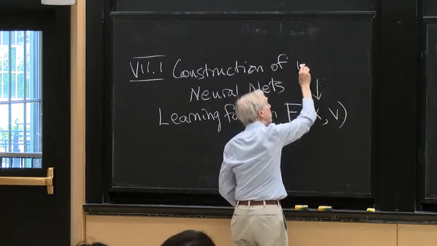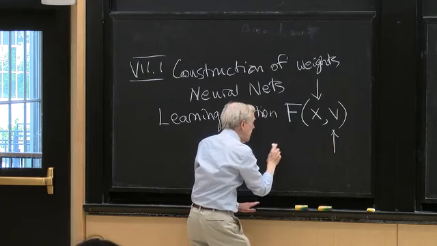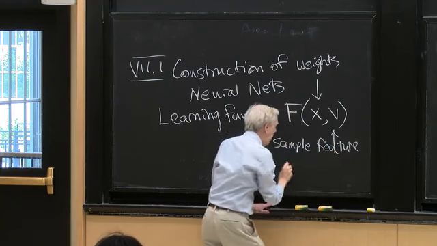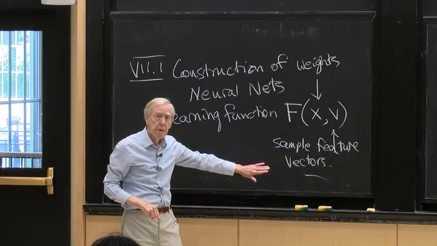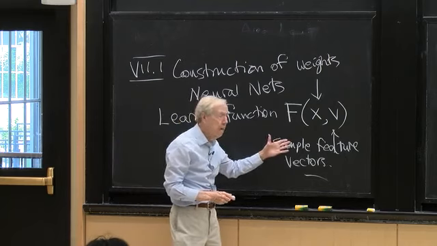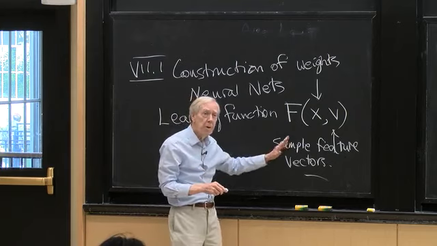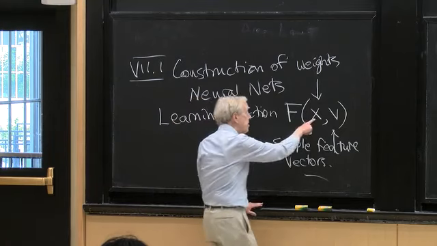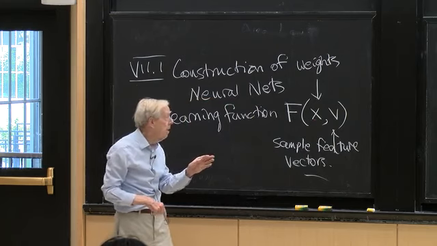So v are the feature vectors, the sample feature vectors from the training data, either one at a time if we're doing stochastic gradient descent with mini batch size 1, or b at a time if we're doing mini batch of size b, or a whole epoch at once if we're doing full-scale gradient descent.